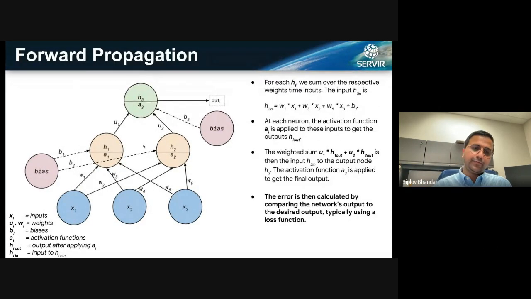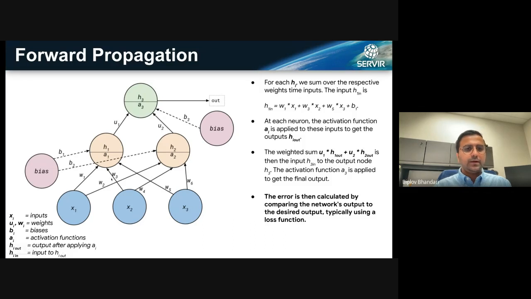So if we zoom down to a particular neuron, this particular neuron receives input x1, x2, and x3. And it also has some form of a weight associated with it, which is W1 for x1, W3 for x2, and W5 for x3.